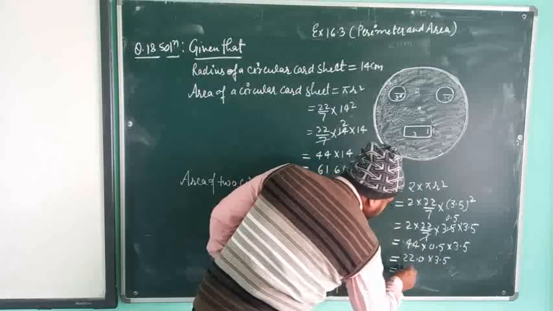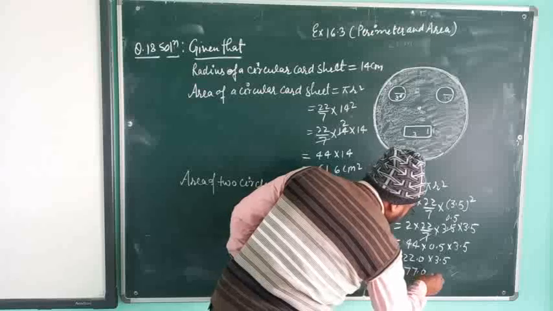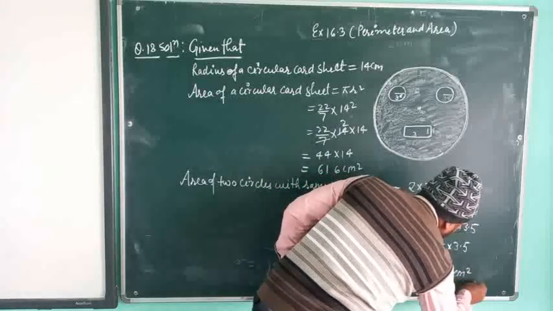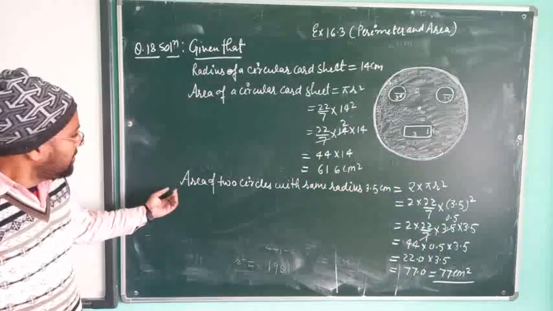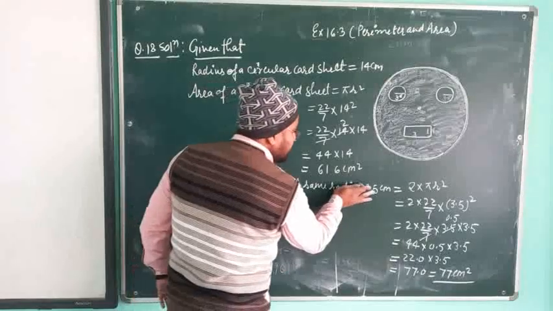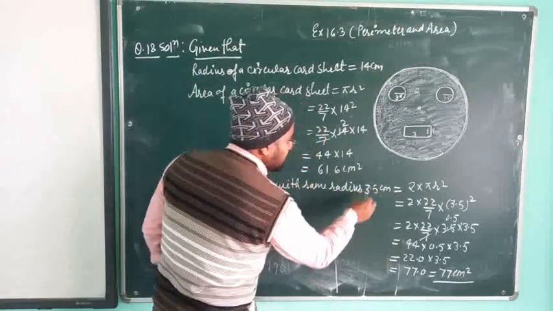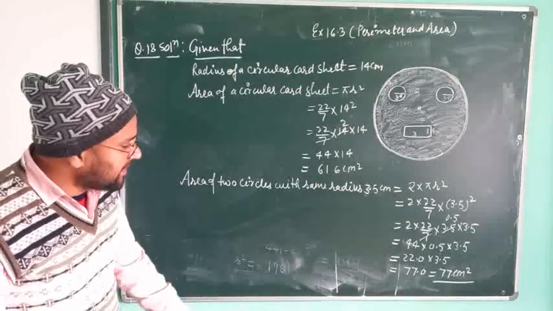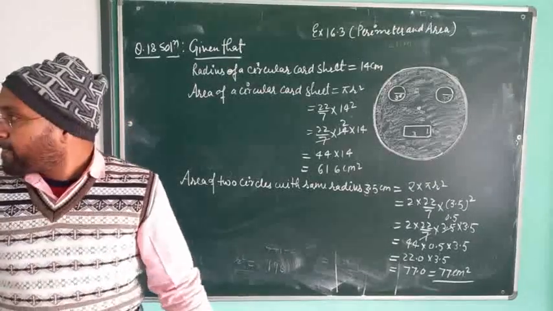If you do this multiplication, you get 77. So 77 centimeter square is the area of the two circles with the same radius 3.5 centimeter.